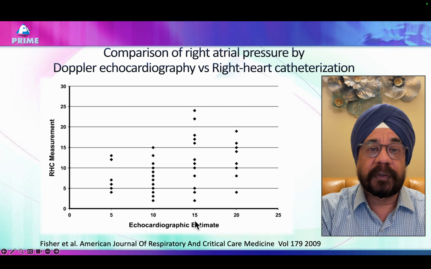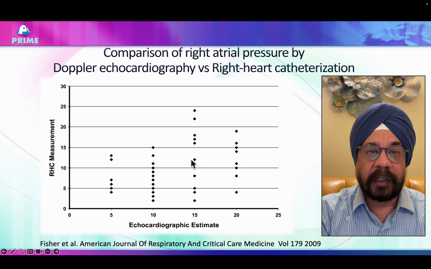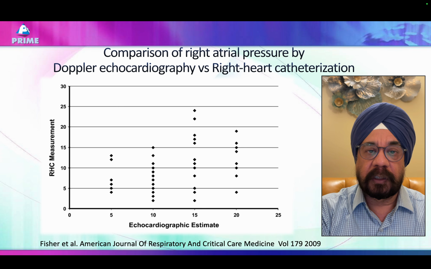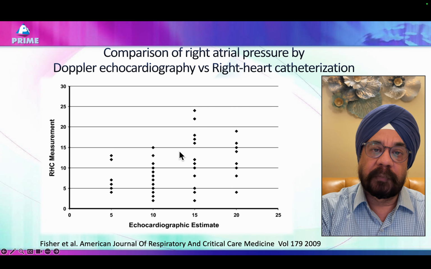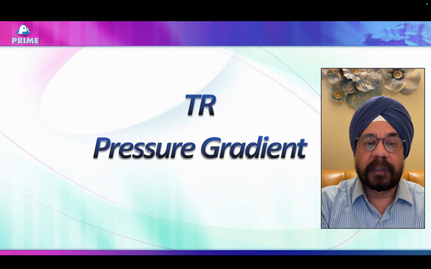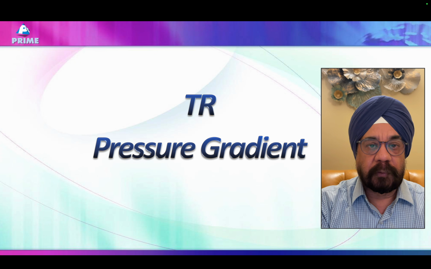But if we said RA pressure was 15, look at the scatter. I said on echocardiography, based on IVC dilatation and non-collapsibility, it is 15. And the RA pressure on cath was less than 5, or it was more than 20. So there is such a huge variation between the RA pressure calculated by catheterization and by echocardiography. So that's where we understood the inaccuracy.